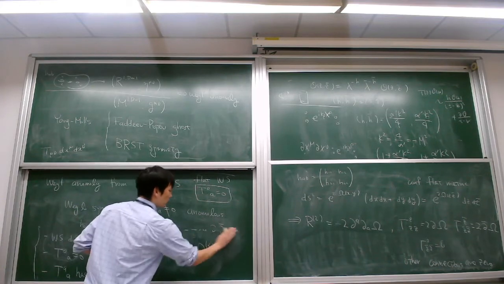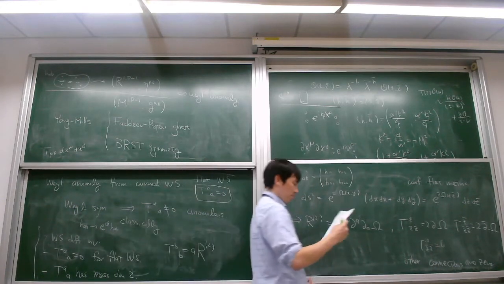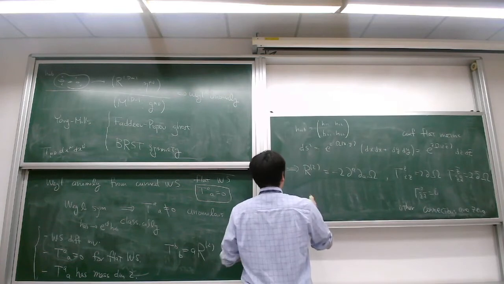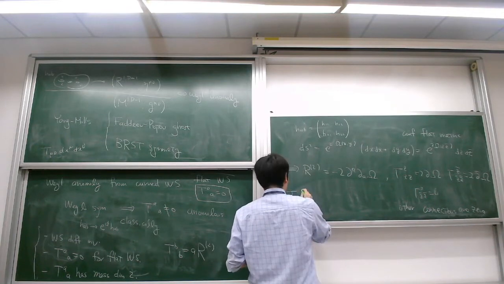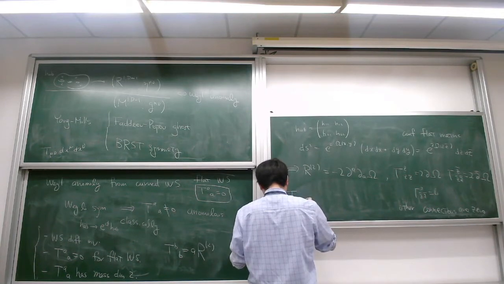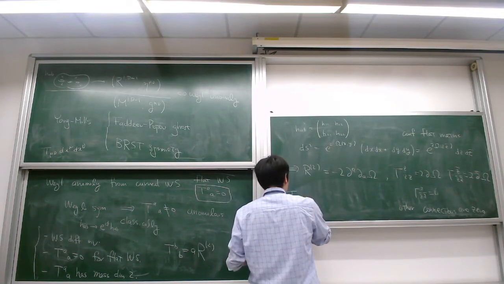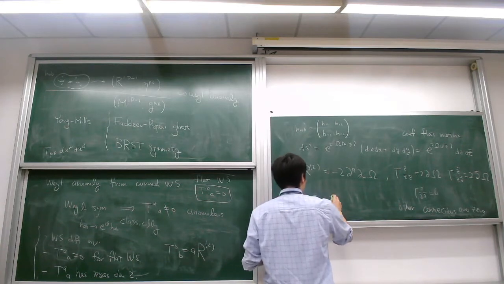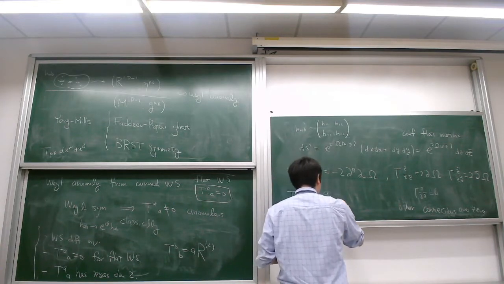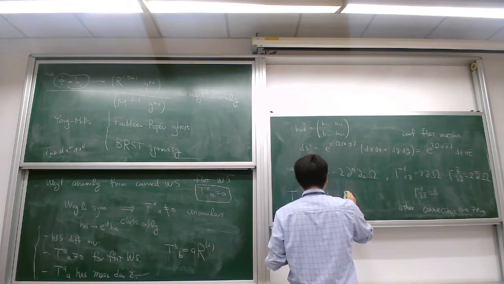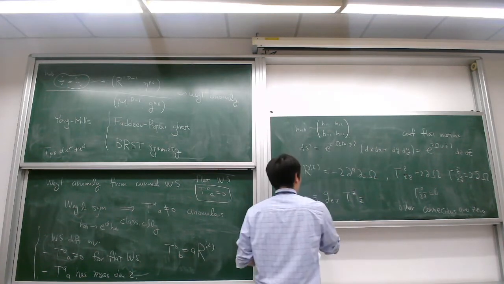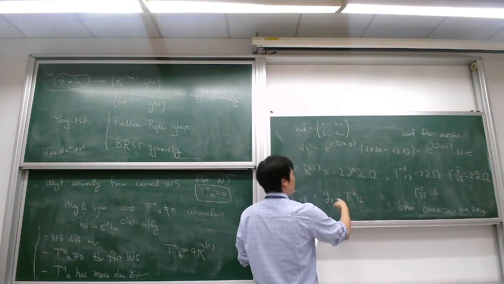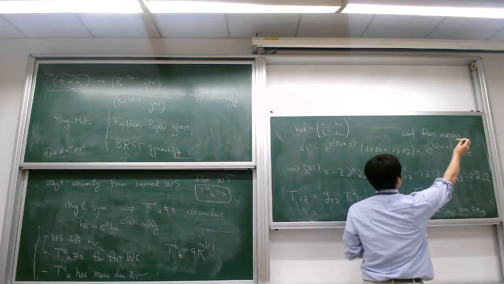So T_{z z-bar} is g_{z z-bar} times T, and this g_{z z-bar} corresponds to this one.